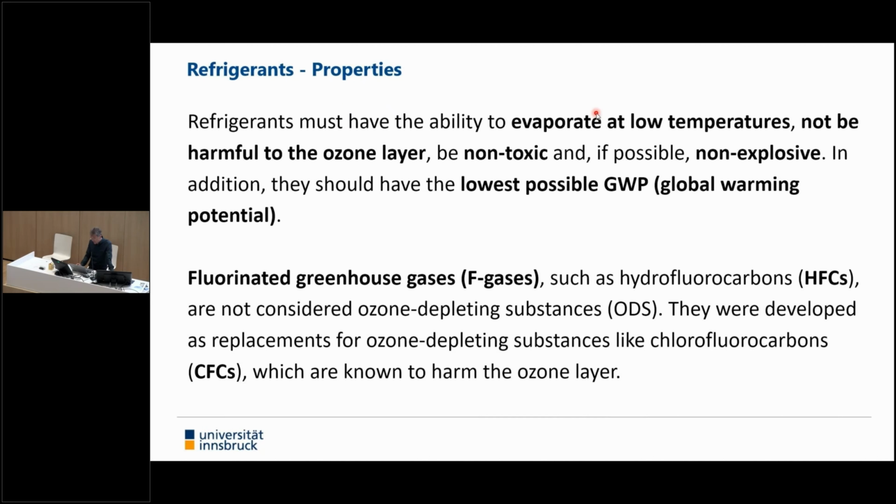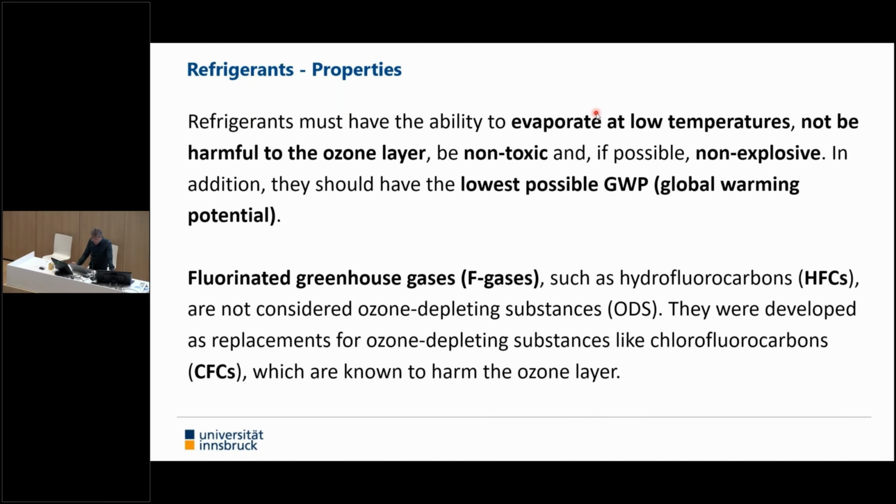So what is GWP? We learned in the last lecture from Armin Hansel, the global warming potential. You know, global warming potential from CO2, and other gases have higher GWP. So you multiply it with a factor GWP. CO2 is 1, and other gases have higher values.